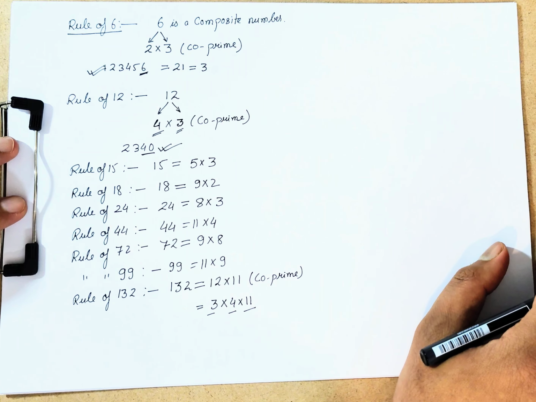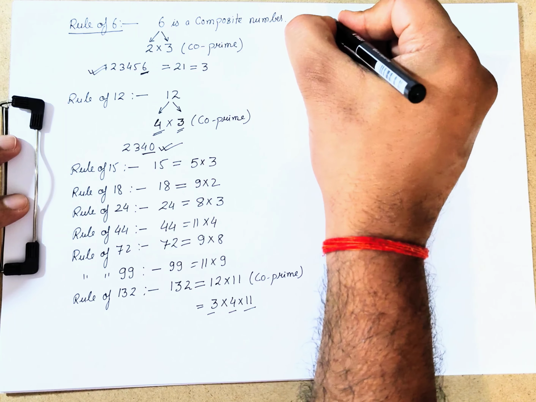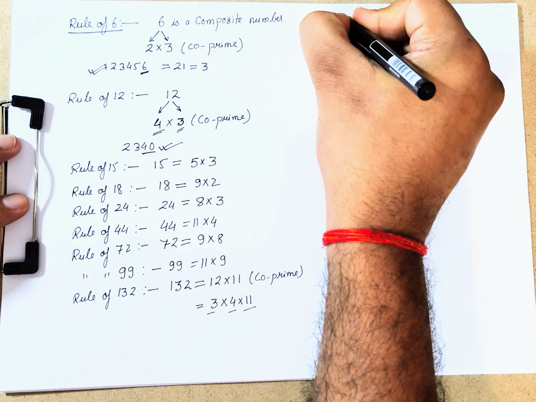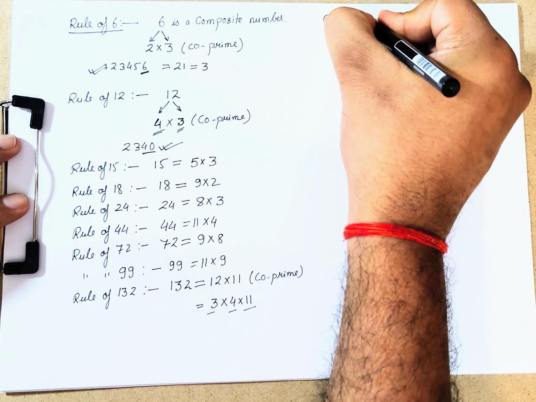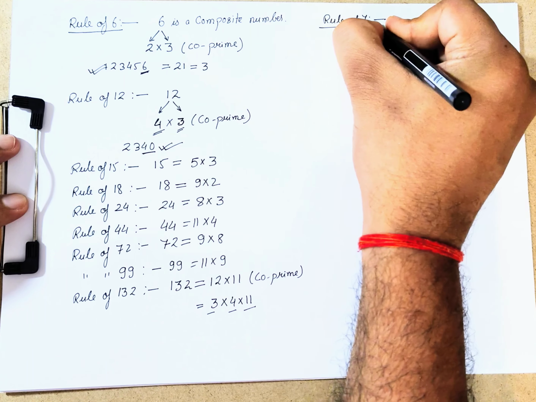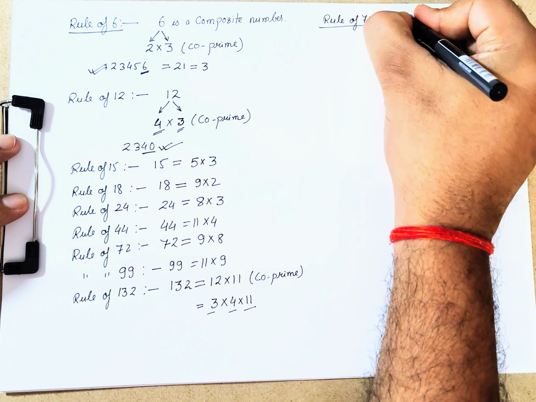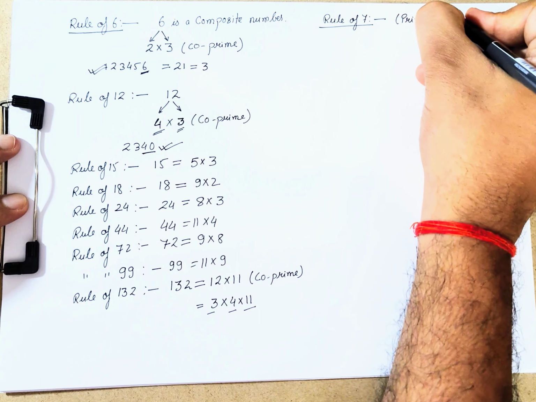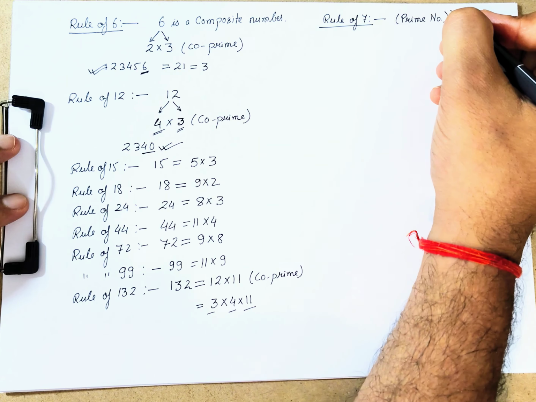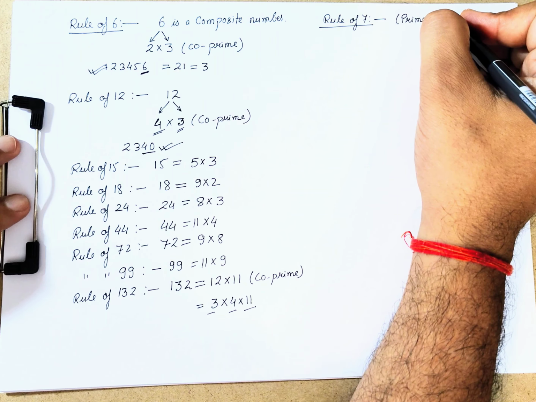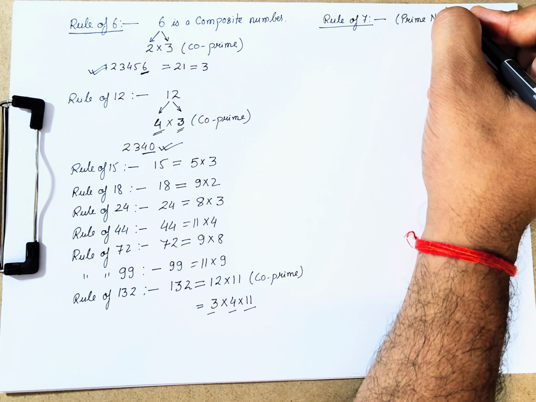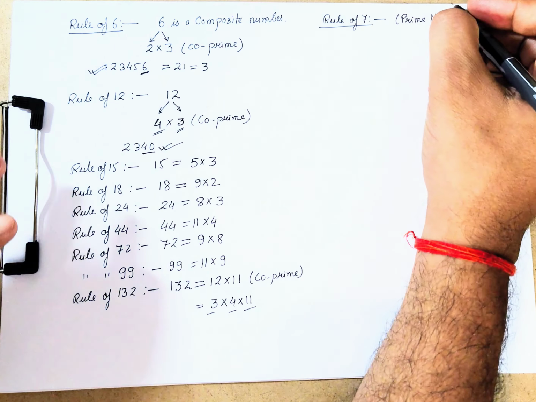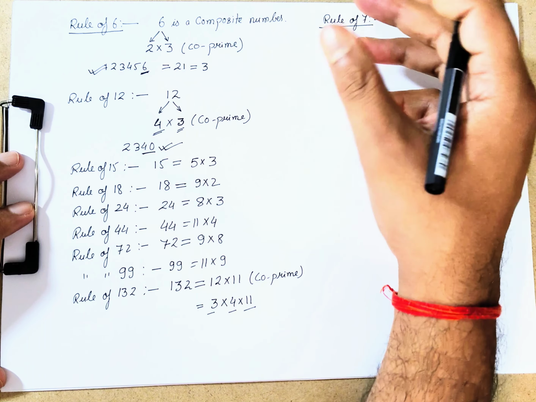Okay. Now let us understand the divisibility rule of 7. Now you need to understand that 7 is a prime number, so to find or derive the divisibility rule of a prime number is a little complex.